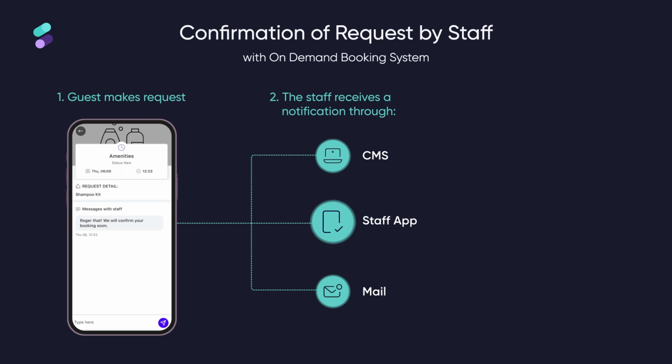In this case, the CMS would be the preferred option. Remember, you have the flexibility to use all 3 channels simultaneously. The process and information of the requests are updated across all 3 channels in real time. You simply need to decide and internally organize which channel or channels you prefer to use.